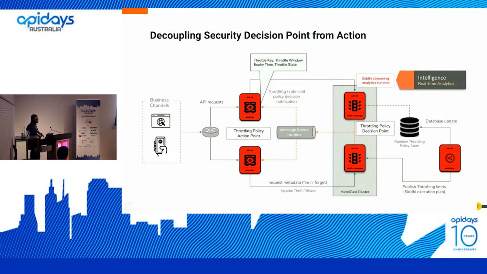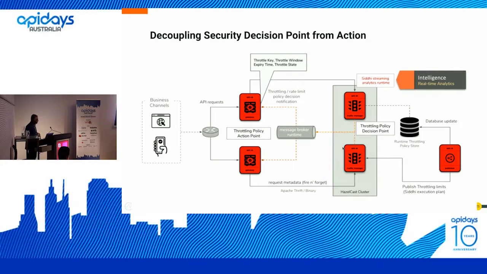This is the detailed architecture of WSO2 API Manager. We have the data plane as the API gateway, and it sends events to a message broker or eventing platform within the product, and based on these events the policies are applied. Again, the throttling policy decision is communicated back to the data plane.